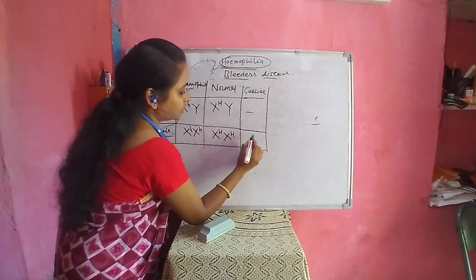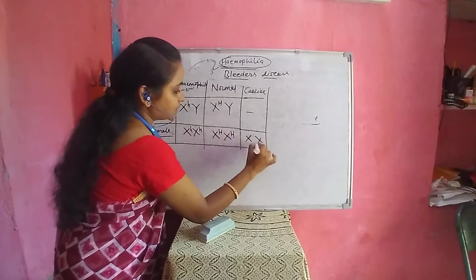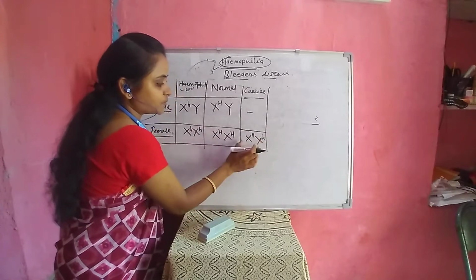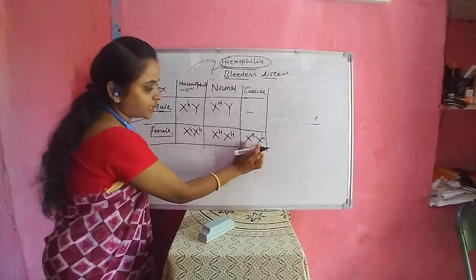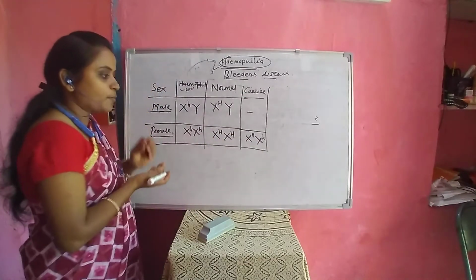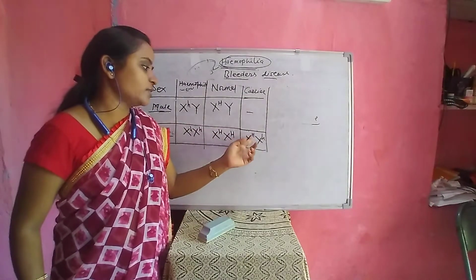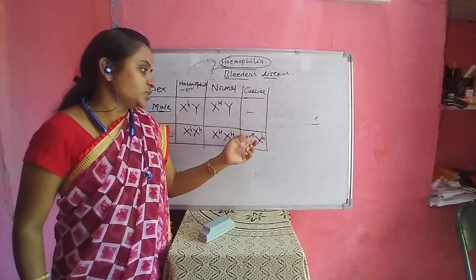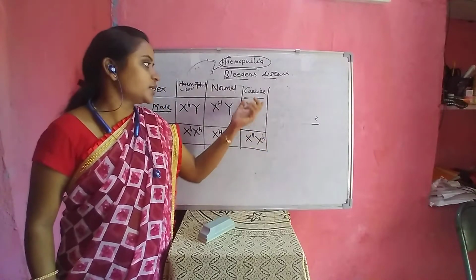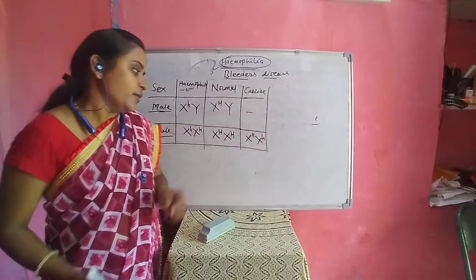For the carrier female, one dominant gene and one recessive gene are present on the two X chromosomes. At that time it forms the carrier. Half of the X chromosomes have the dominant gene and half have the recessive gene, so it is called the carrier female.